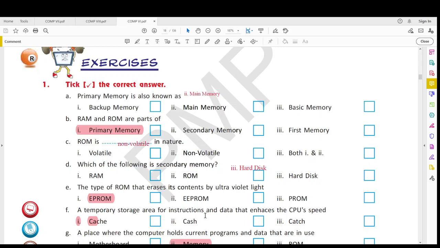There is nothing called cash or catch, but the temporary storage area that enhances CPU speed by storing the instructions and data is the cache memory of the computer. So cache is the right answer.